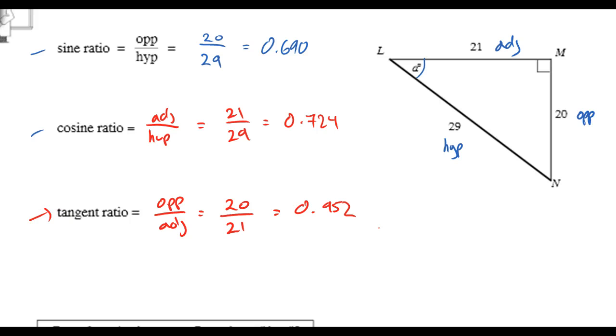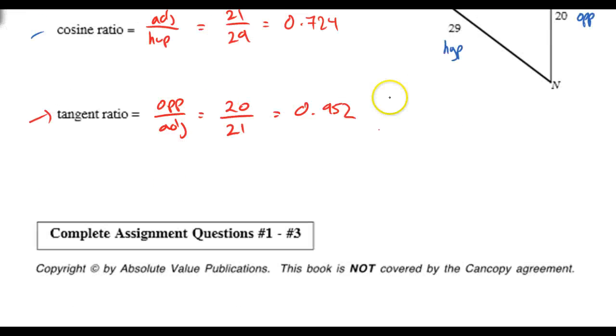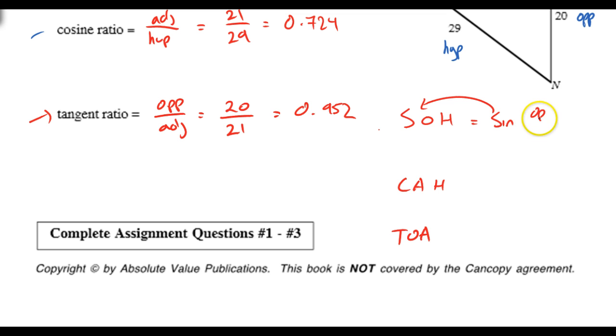Now let me tell you how Sohcahtoa works. If I write it out like this, the S designates the sine ratio, the O designates the opposite, and the H designates the hypotenuse.